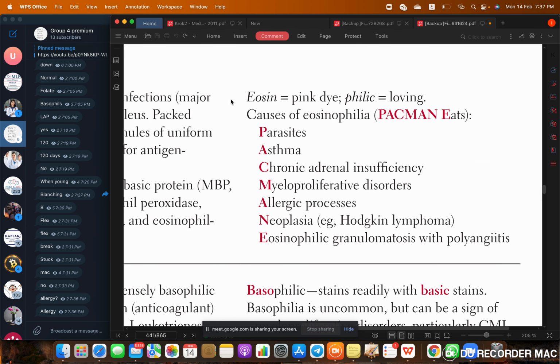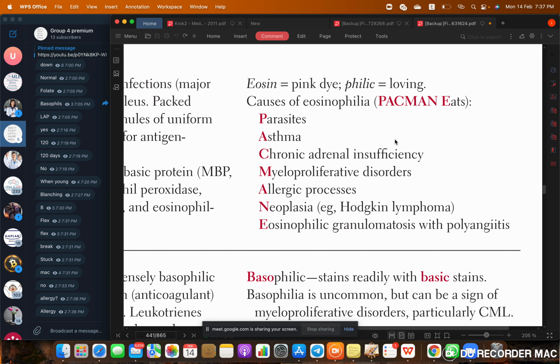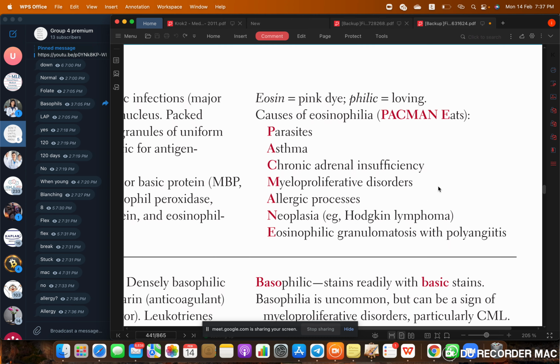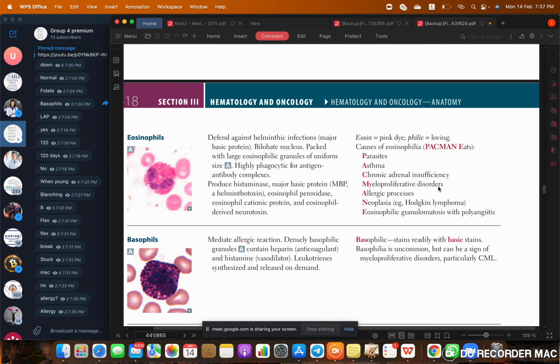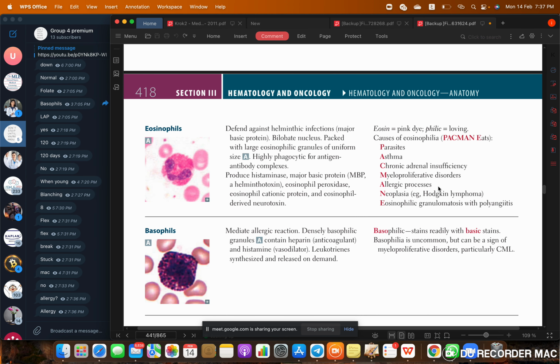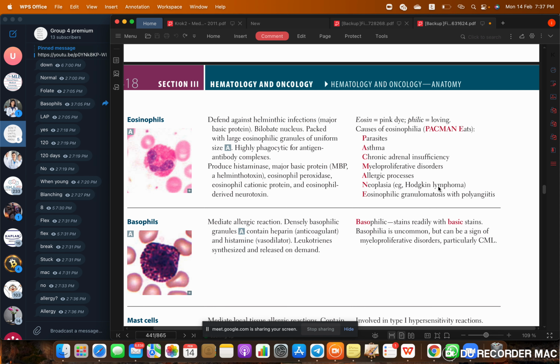So eosin means a pink dye, philic means loving. So we have parasites, asthma, and chronic adrenal insufficiency. This patient will also have it. You are like, what the hell? How come? It's not even related. Well, the adrenal gland produces glucocorticosteroids. When the glucocorticosteroids are absent, eosinophils are going to be higher.